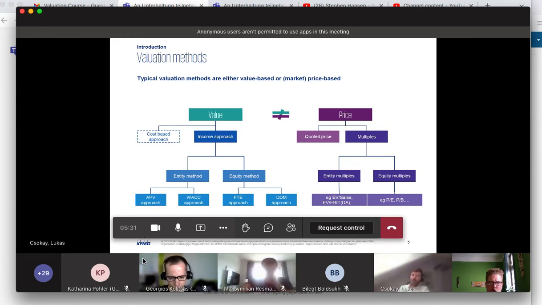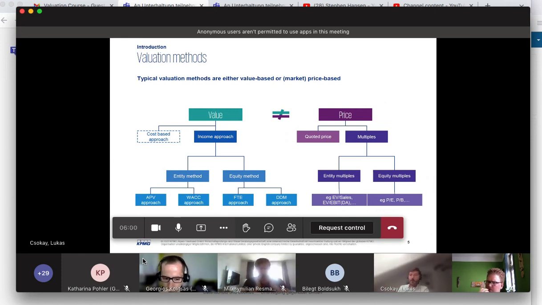There's another approach which we are not going to discuss in detail, the cost-based approach. The cost-based approach is a bit different. It basically measures how high the replacement costs are, for example, for a company. If you have a company and you want to build that same company, how much are the replacement costs you need?